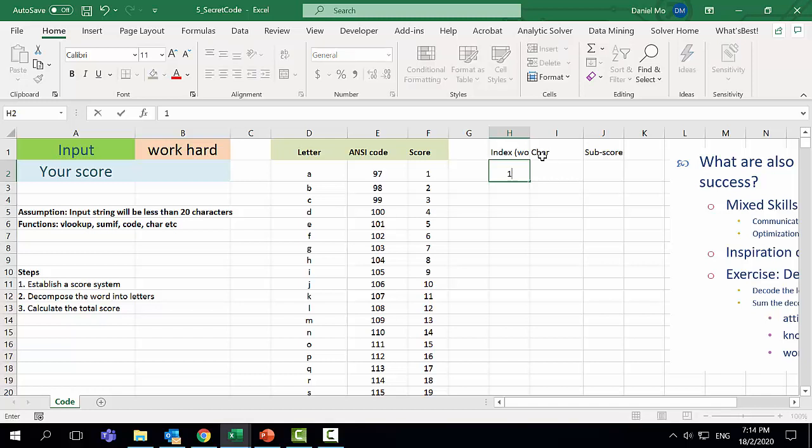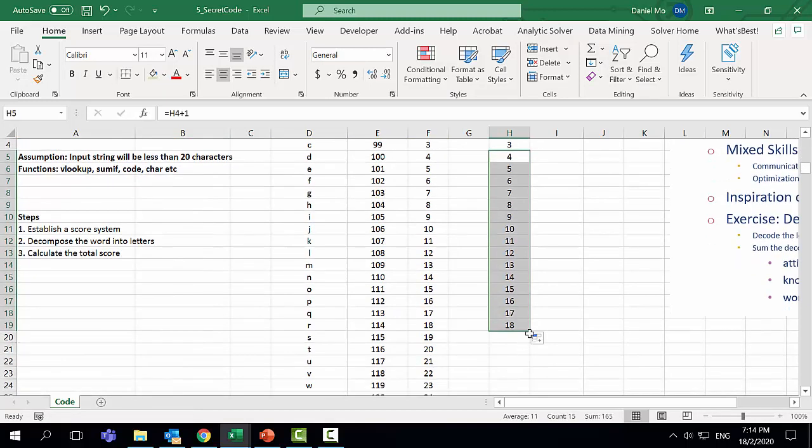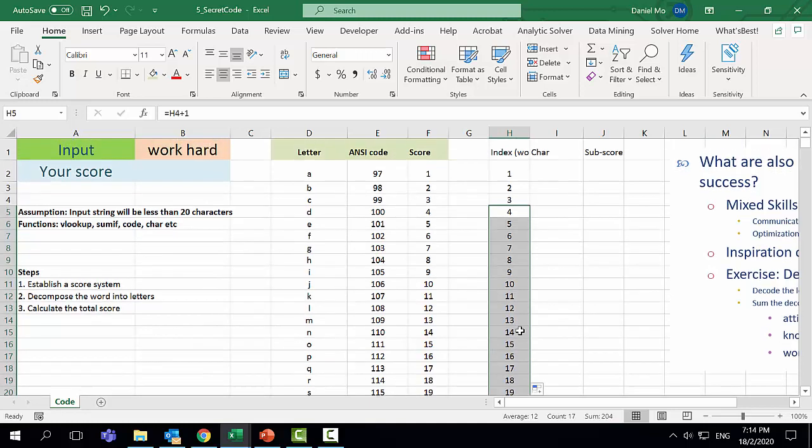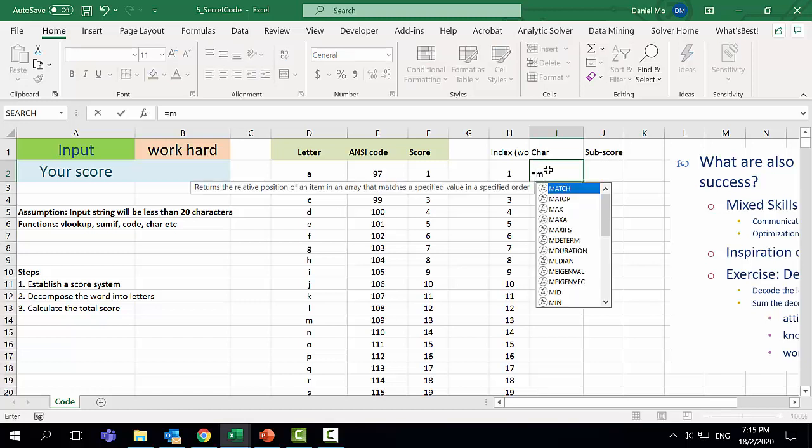So we can check the index for this one. Now let's assume we only have 20 characters for each word. Then the first index of that word, which is called a string in computer science language, will be equal to W. How can we do that?